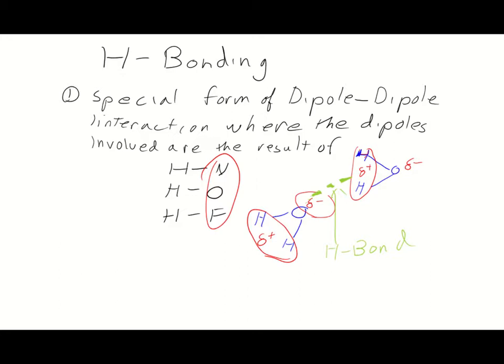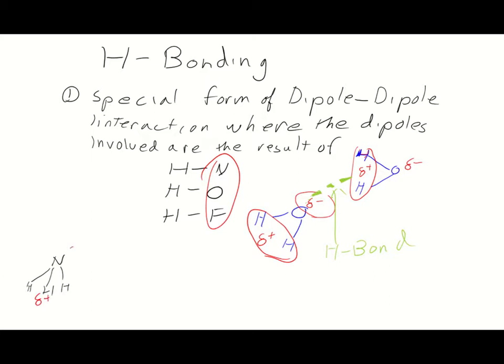Hydrogen bonding occurs whenever you have hydrogen bonded to nitrogen, hydrogen bonded to oxygen, or hydrogen bonded to fluorine. Another everyday molecule you're familiar with that does hydrogen bonding would be that ammonia we talked about.